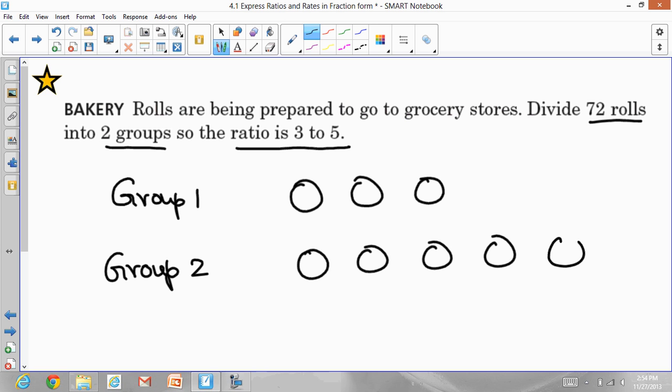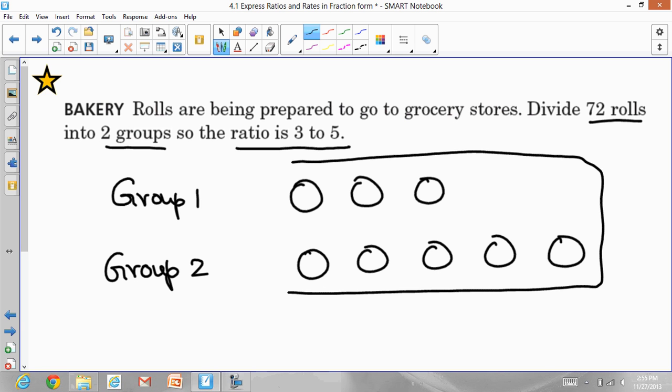Now remember, this division is for the total 72 rolls. If I want to divide the 72 rolls among all of these little parts, I'm counting 1, 2, 3, 4, 5, 6, 7, 8. I have to divide my 72 rolls into these 8 circles.